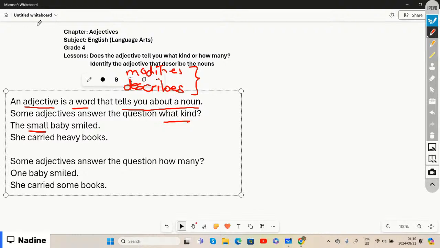She carried heavy books. So now the question is, what kind of books did she carry? And we can say heavy books. So that is our adjective that answers the question, what kind?